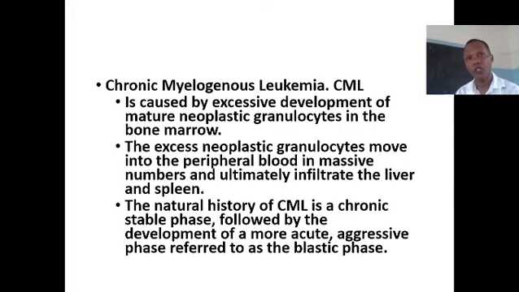The natural history of CML is a chronic stable phase, which is followed by the development of a more acute, aggressive phase, referred to as the blastic phase.